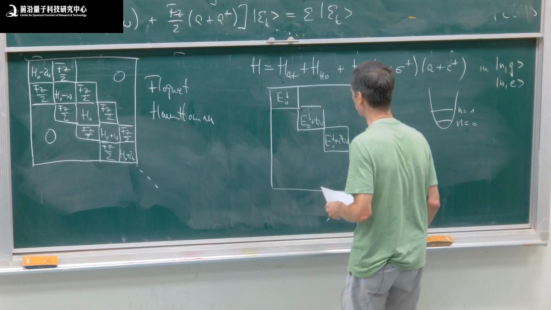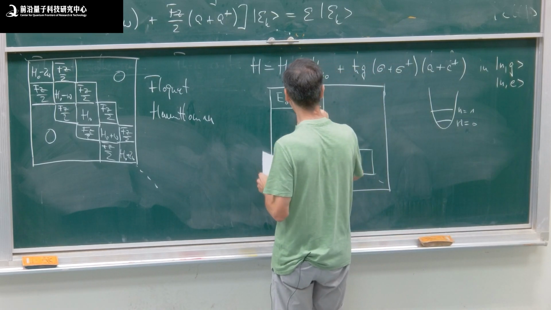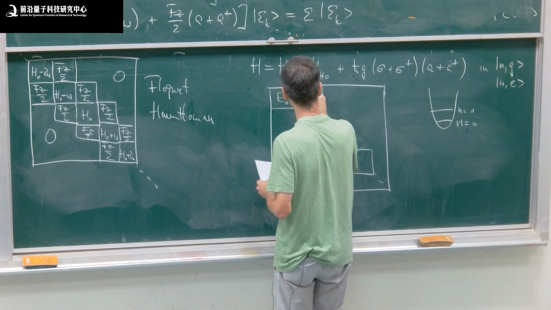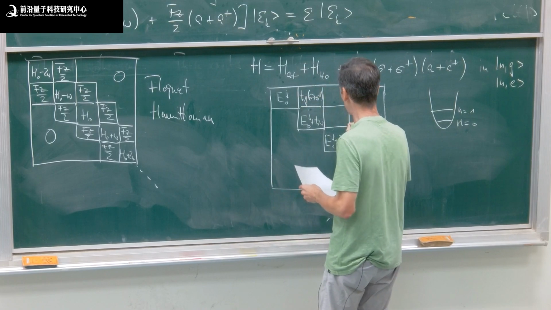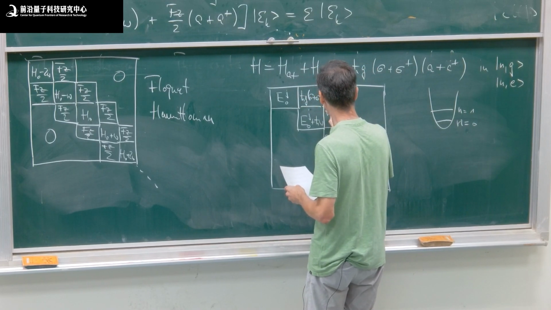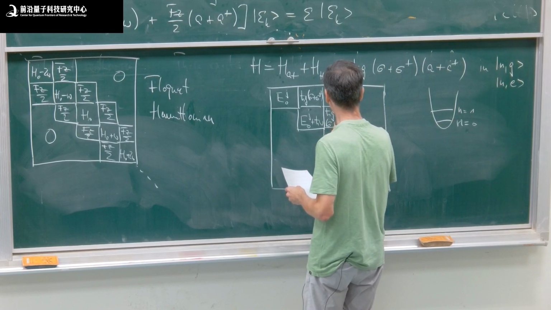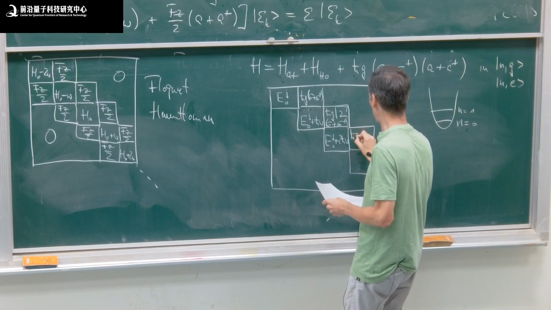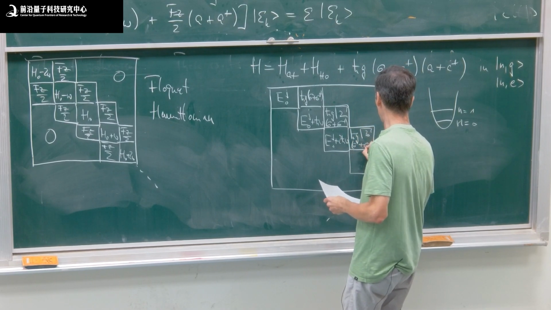I don't continue this here now. And then what you see here is that you get h bar g (sigma plus sigma dagger). Here you get h bar g square root of 2 times (sigma plus sigma dagger). And here you get h bar g square root of 3 (sigma plus sigma dagger).